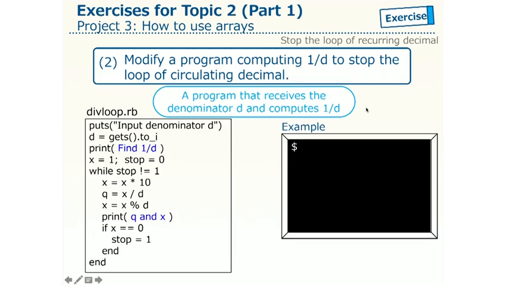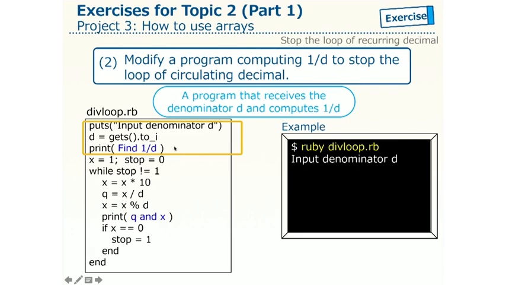Now let's go back to the original program and how it computes as we have seen. First, this is a part for getting the input. That is the denominator d. The first line is for showing the message on the screen. So when executing this program, this first line is executed and then this message is shown.